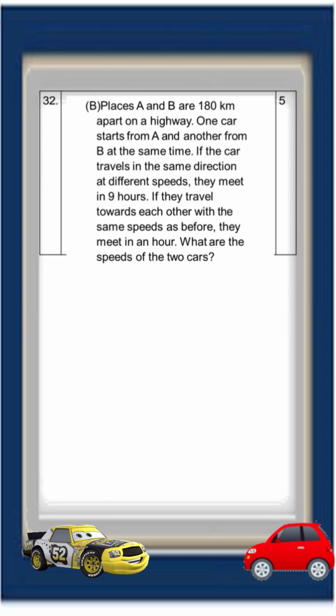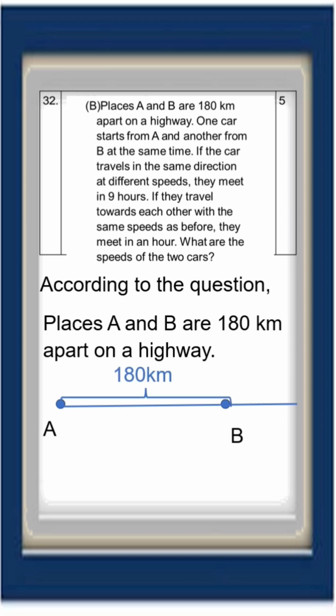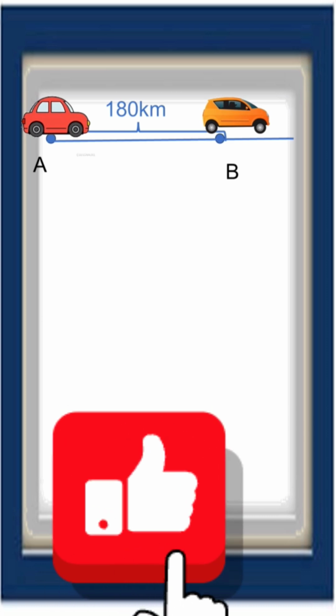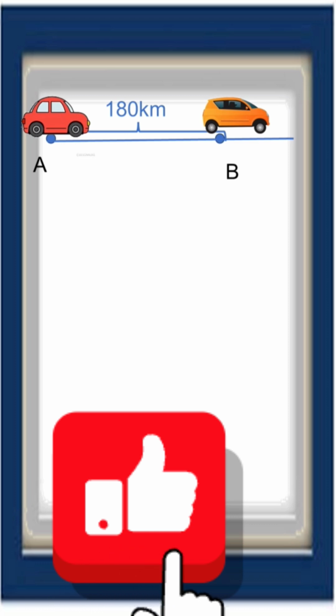What is given here? Two places A and B. Here is A and this is B. 180 kilometers apart. The distance between the two places is 180 kilometers. One car starts from A, the first car, and the other starts from B at the same time but with different speeds.